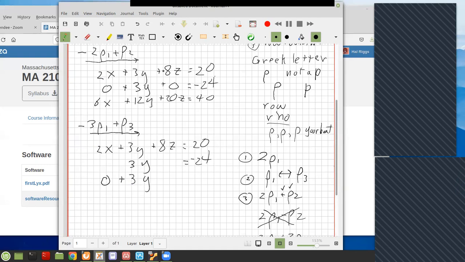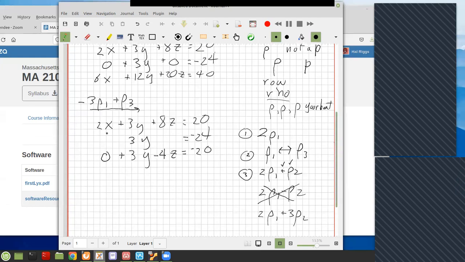And then -3 times 8 is -24. -24 plus 20 is -4z equals, and then this is -60. -60 plus 40 is -20. And now we have nothing underneath this first one.